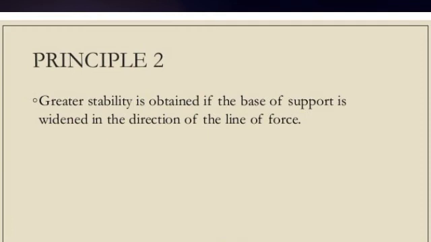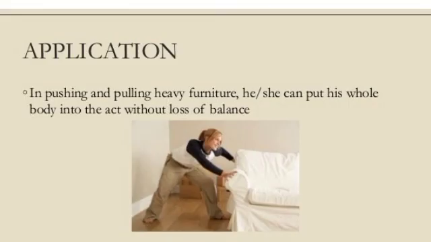In running, an individual can stop more efficiently and quickly if he bends his knees and places his feet in a forward stride position to prevent falling at the time of follow through. A shot putter also bends his knees. In pushing and pulling heavy furniture, one can put the whole body into the act without loss of balance.